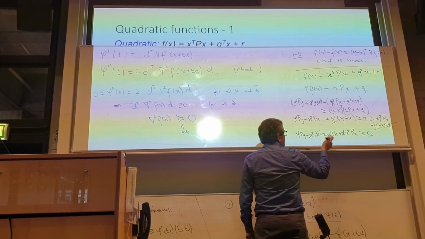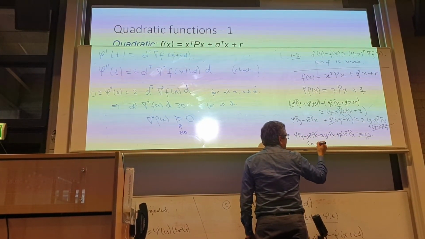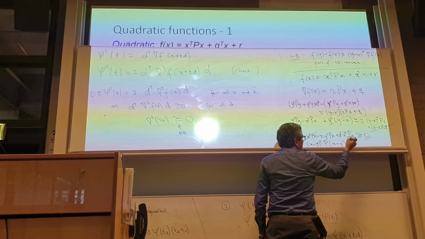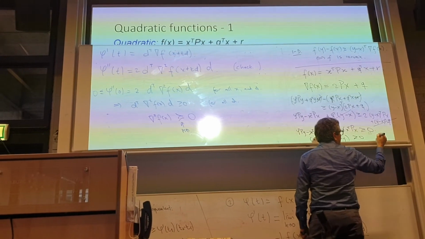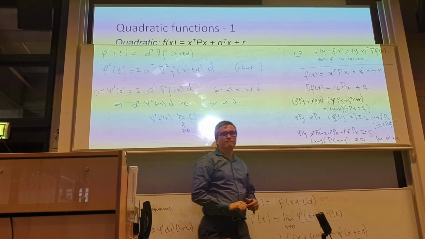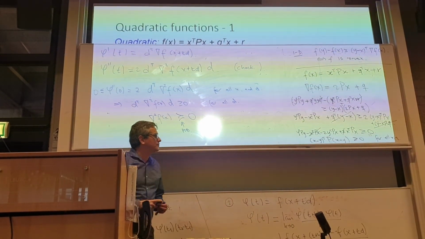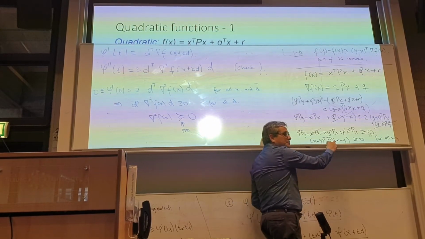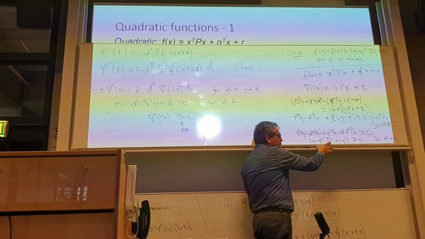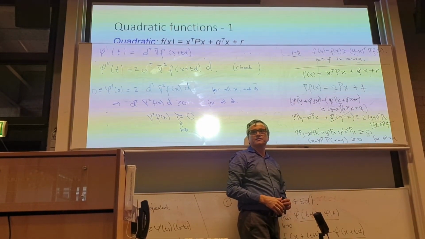And then this is equal to x minus y transpose P, x minus y. And this has to be greater or equal than 0, and this is for all x and y. And then we say, when is this true for all x and y? Well, it's true when P is positive semi-definite.